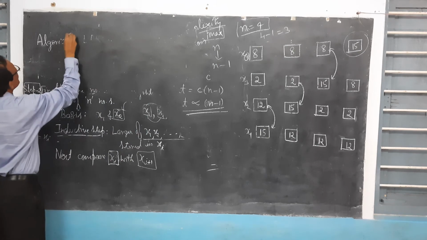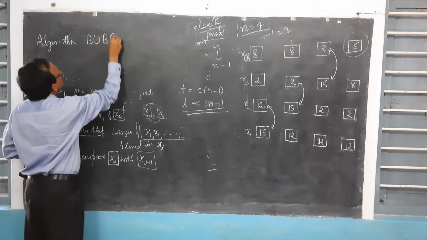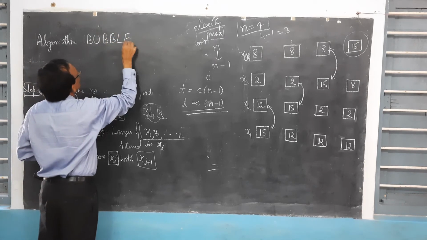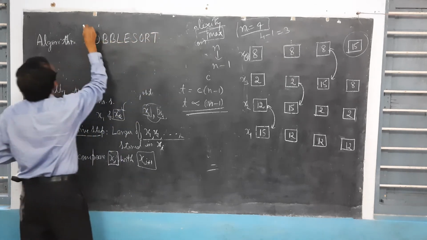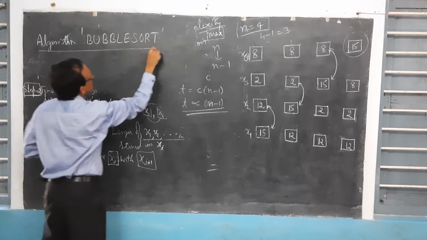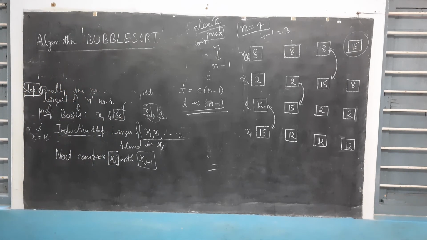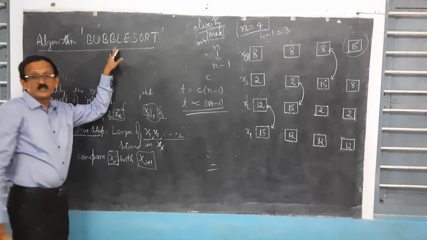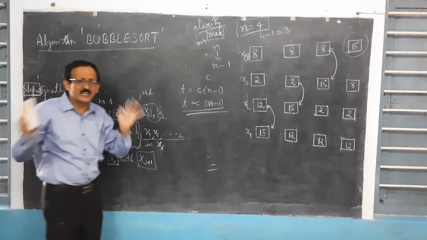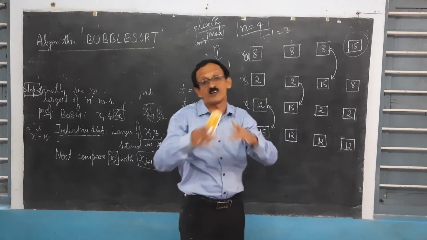Algorithm bubble sort. Fine. This algorithm not only finds the largest of n numbers, but also arranges the numbers in ascending order.